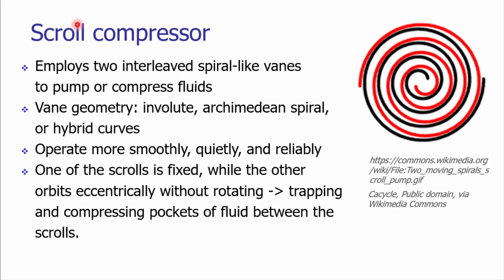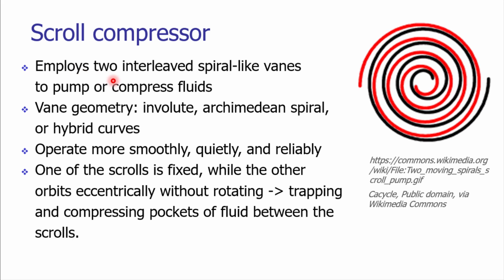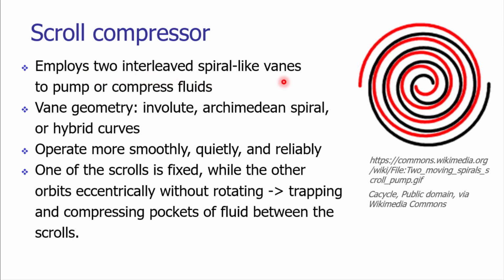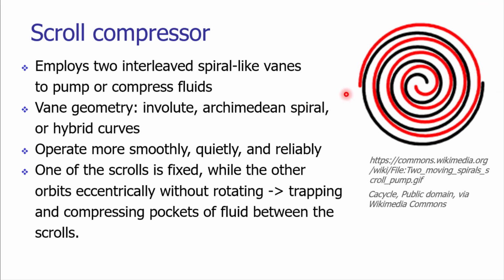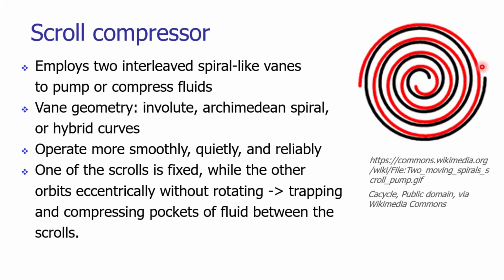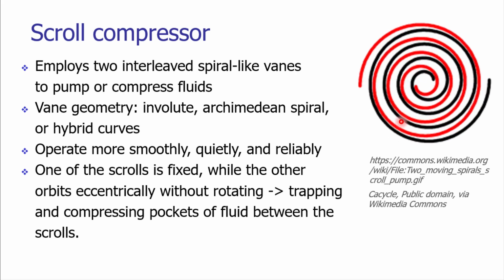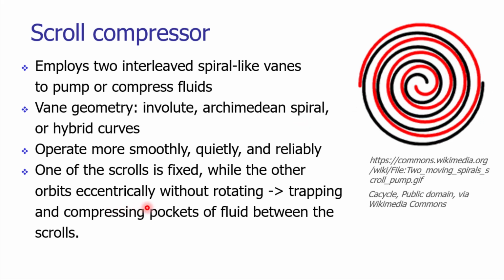The next type of compressor is the scroll compressor. It employs basically two interleaved spiral-like vanes, which you can see on your screen. Out of these two spiral-like vanes, one is stationary and the other scroll is orbiting eccentrically.